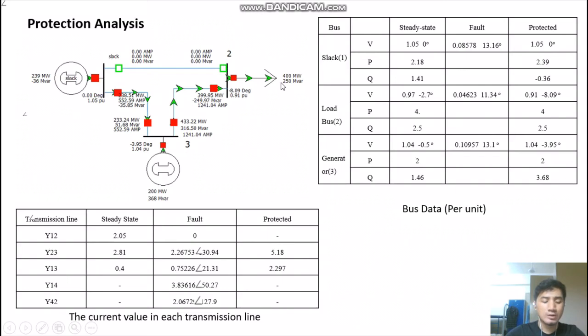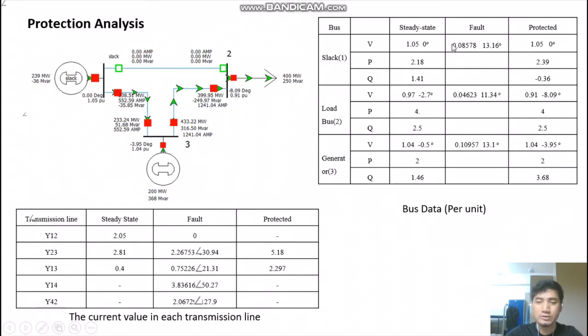This is the value that I will tabulate after the protection we applied. As you can see, the value is back to normal after the protection is applied.